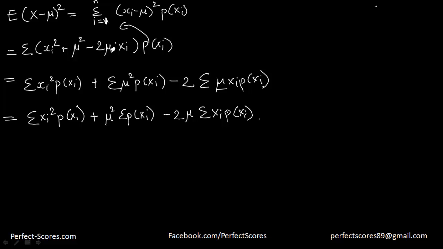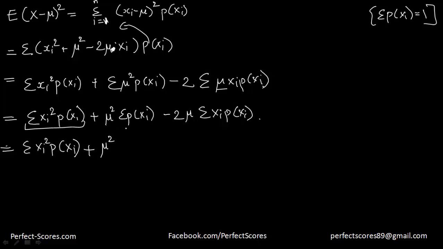One thing that we already know is that the summation of p of xi is equal to 1. So this first term remains intact because it is multiplied by xi square, plus mean square into summation of p of xi, which is equal to 1, minus 2 mean square.